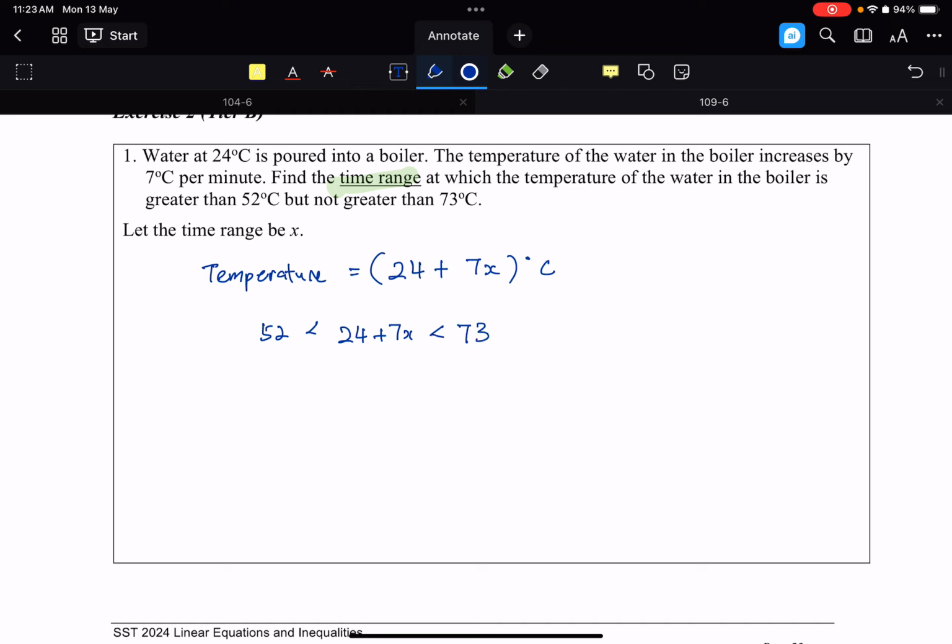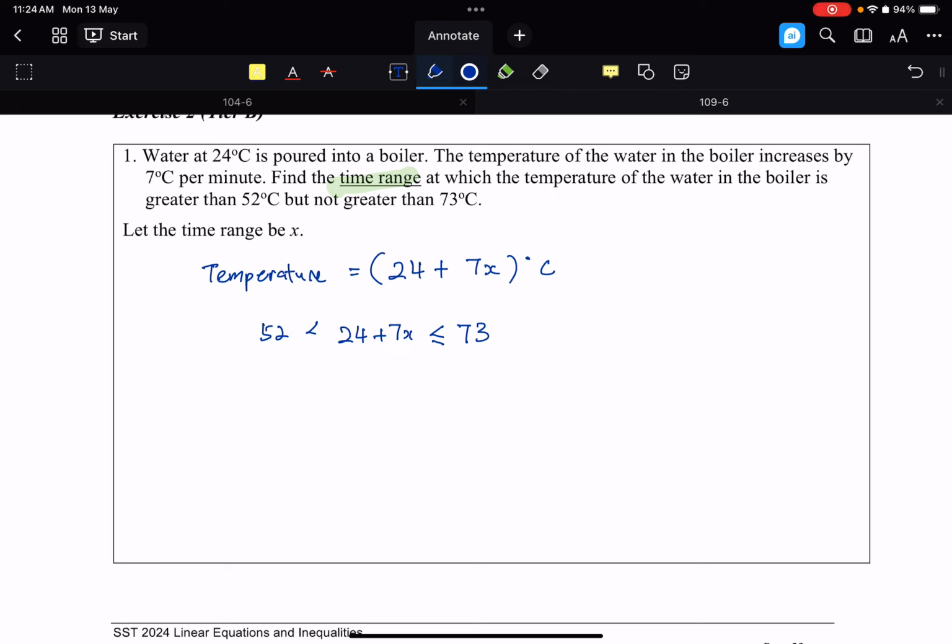Now, is it equal to 73? Is 73 greater than 73? No, it is not. So 73 is not greater than 73. That means it can be 73, right? Because 73 is still not greater than 73, so this is fine. How about 52? It has to be greater than 52. So this is the range.